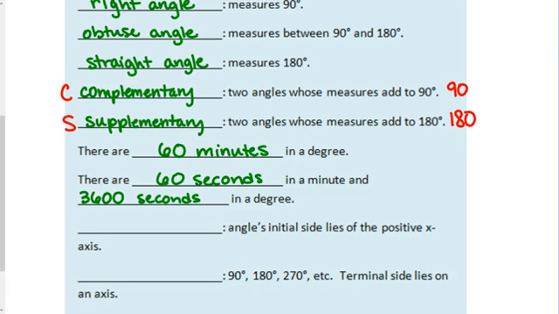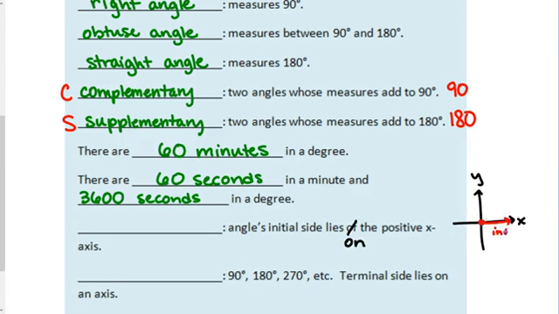Okay, now we have a term that describes the position of an angle. If the angle's initial side lies on the positive x-axis, so here is a coordinate system, here's the x-axis, so the initial side of the angle lies on the positive x-axis, and also the vertex is at the origin, so you have something like that.